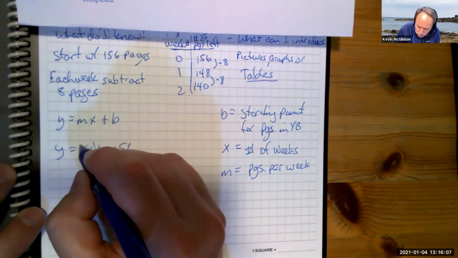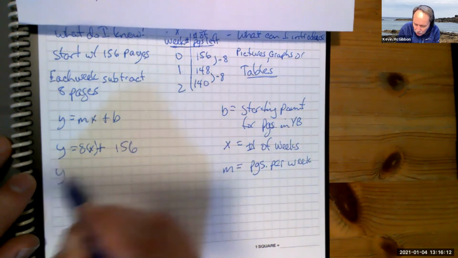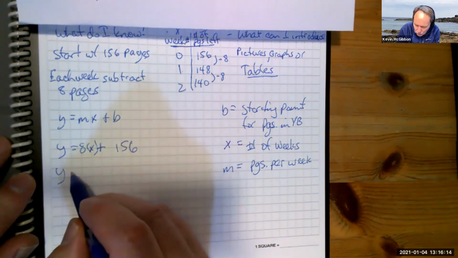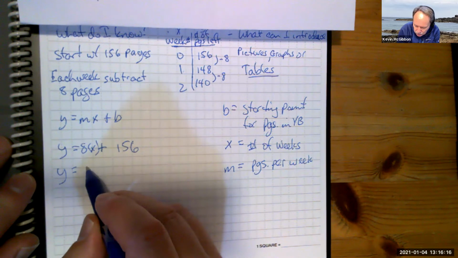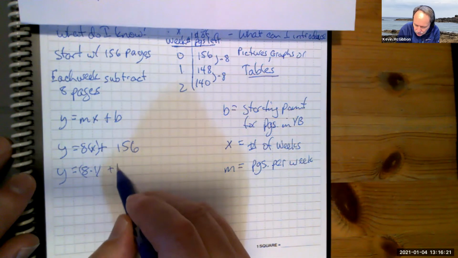8x. So let me plug in here. I'm just going to plug 1 in. And because we've already figured it out, y is equal to 8 times 1 plus 156.